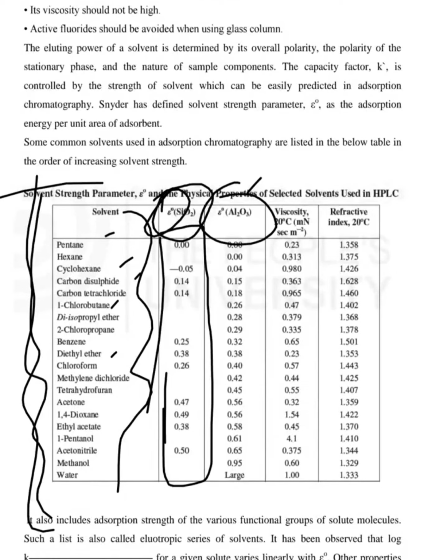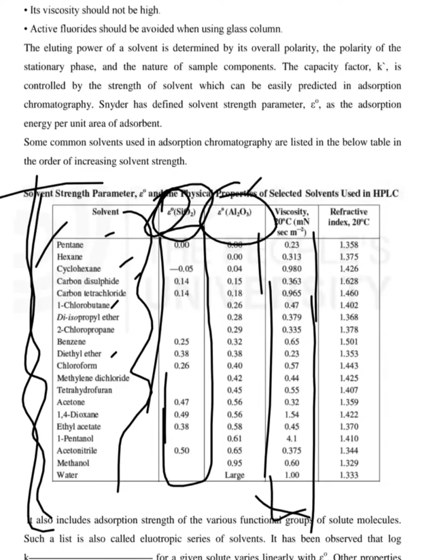Their viscosity is also seen here. What I told in the advantages, for selection of the solvent, it should have low viscosity. For these solvents, the different viscosities and their refractive indices are denoted. These are the different solvents and their characteristics in this table.